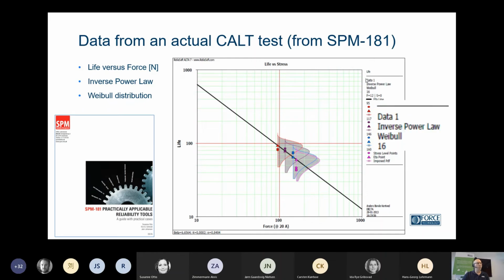If you look in the corner up here, you can see that we use the inverse power law, and we use something called a Weibull distribution function to fit the data. Weibull is one of many distribution functions. It seems to fit. It's a very flexible one, and a good first choice for many physical data from testing. But you can use a normal or log normal or Student distribution, or whatever you would like to use.